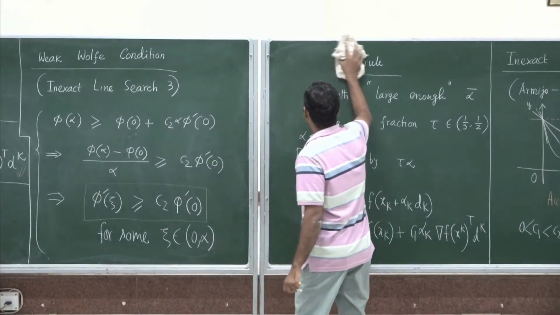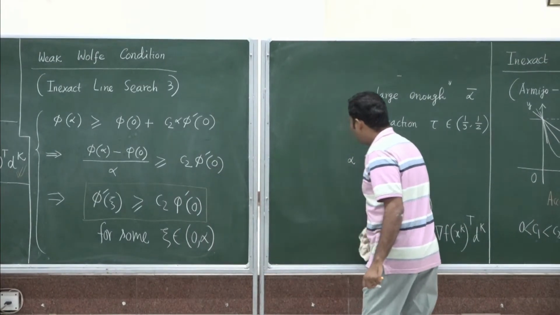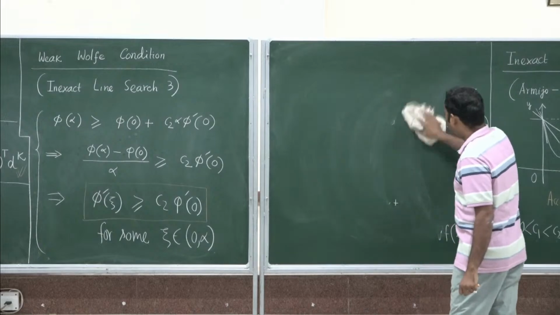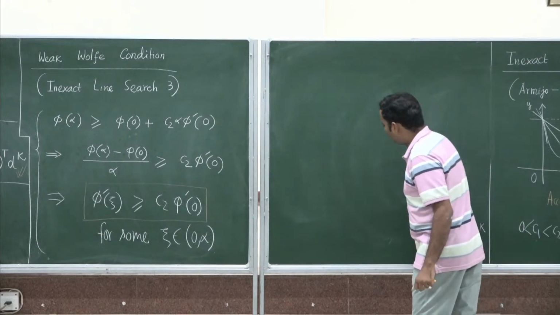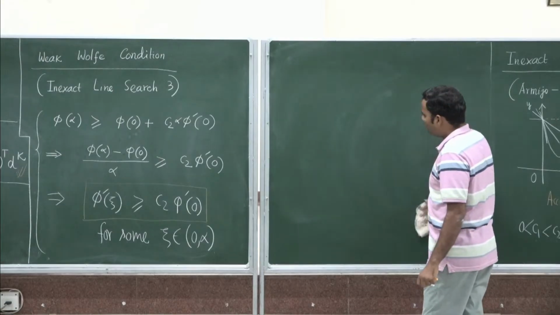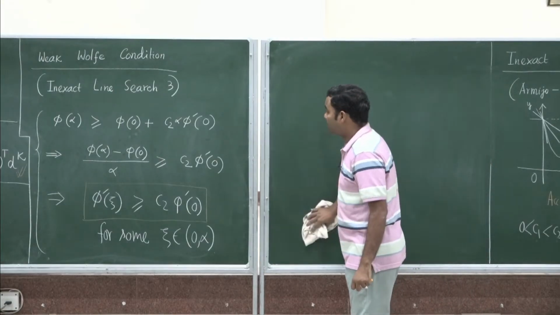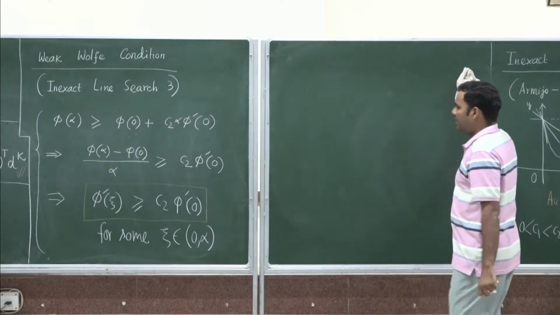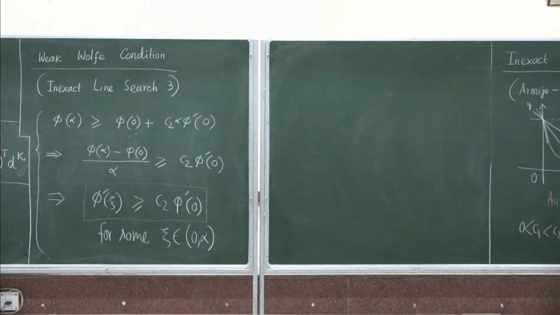Accordingly, the weak Wolfe condition simply replaces the Goldstein rule in the Armijo-Goldstein rule by this rule, that phi dash alpha greater than or equal to C2 times phi dash 0.